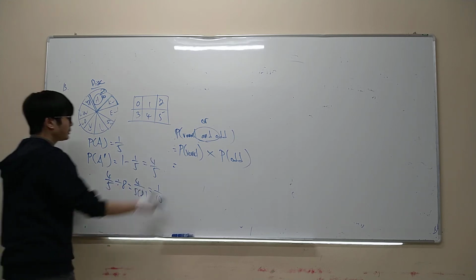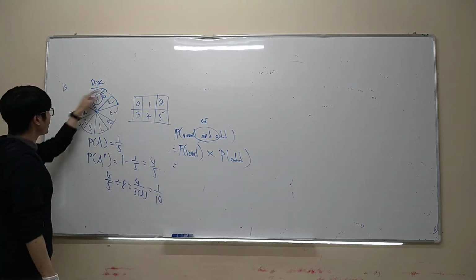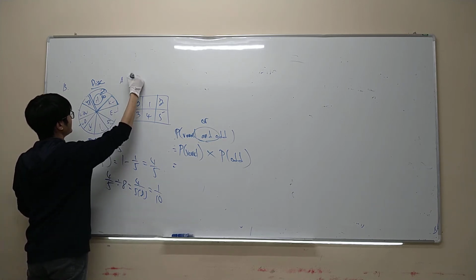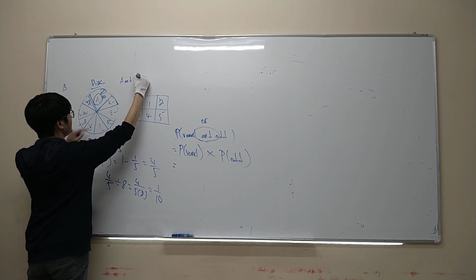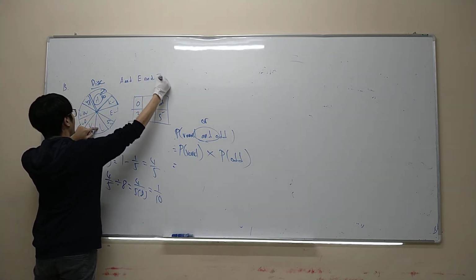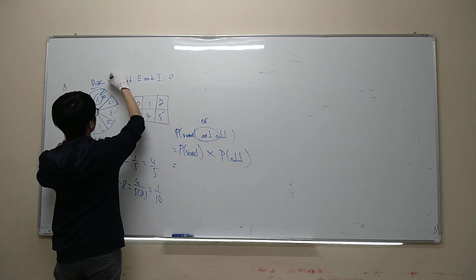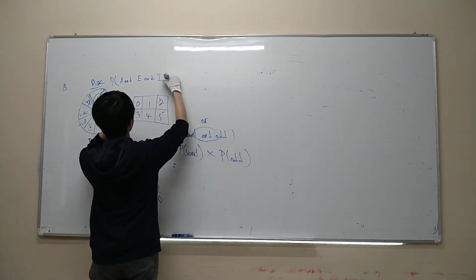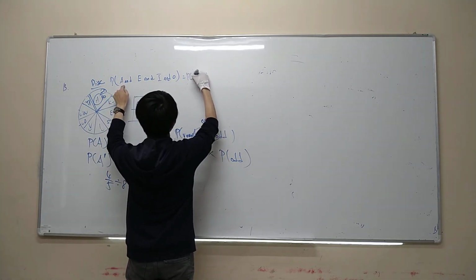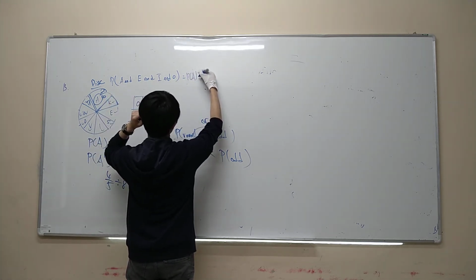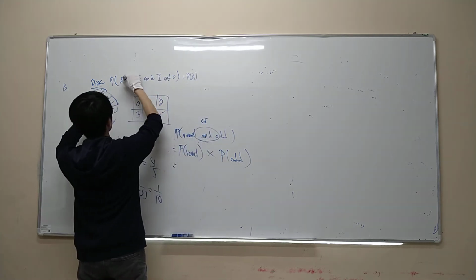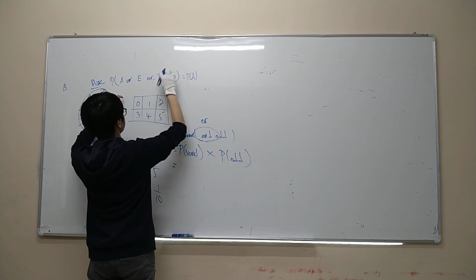What's probability of vowel? Probability of getting vowel will be probability of A or probability of E, okay, or lah, it should be or.